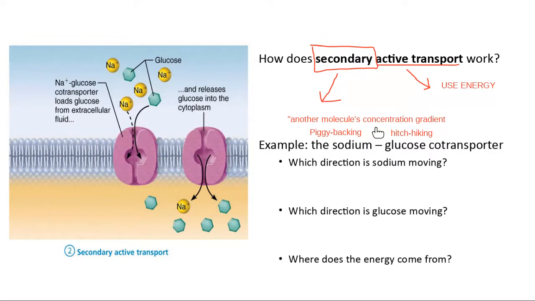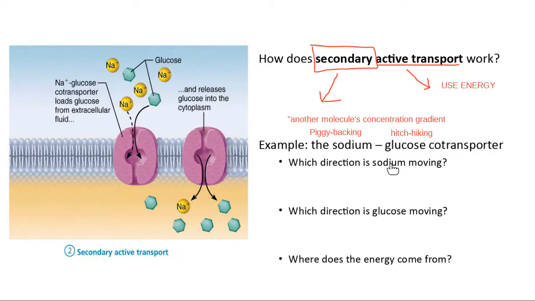So when we look at our example of secondary active transport, we're talking about the sodium glucose cotransporter. Now, with the sodium glucose cotransporter, notice that sodium is moving into the cell and glucose is moving into the cell as well. Both of these molecules are moving into the cell.